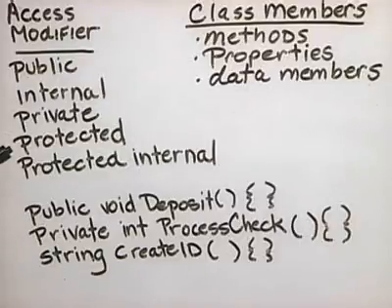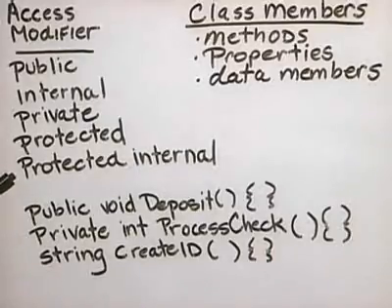The last two, protected and protected internal, are the last two modifiers that we'll take a look at. Protected means that the class member is accessible only within a class or a derived class. So a protected member, for example, a protected method, is limited access-wise to the class that it was defined in, or a derived or inherited class.